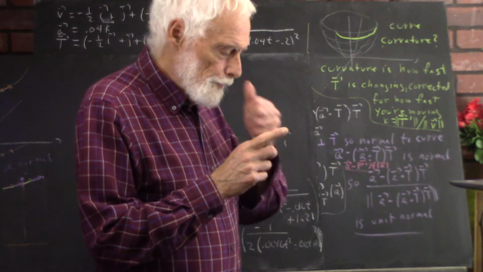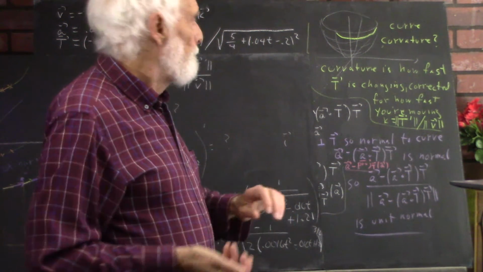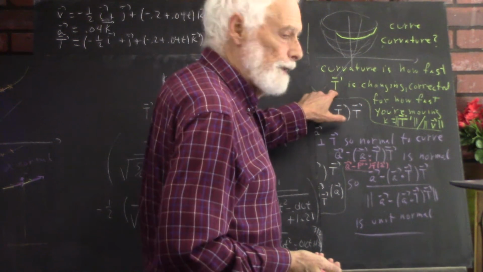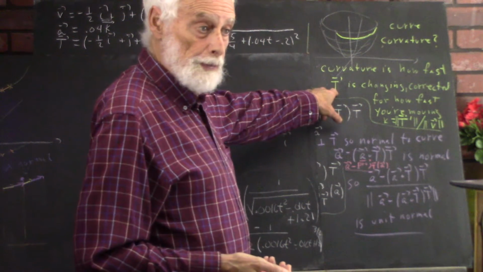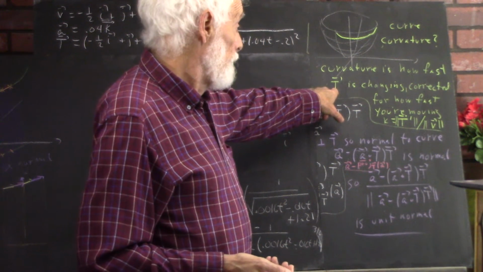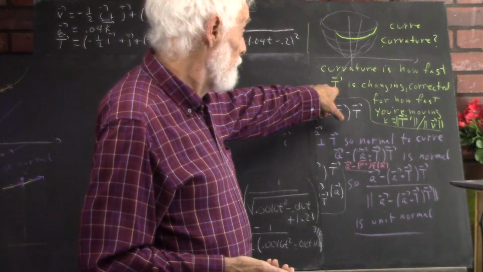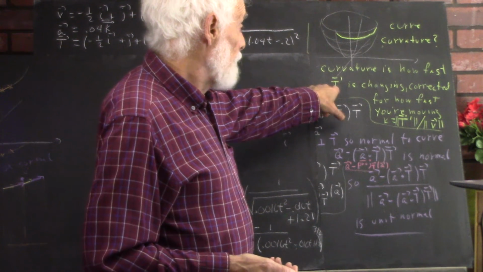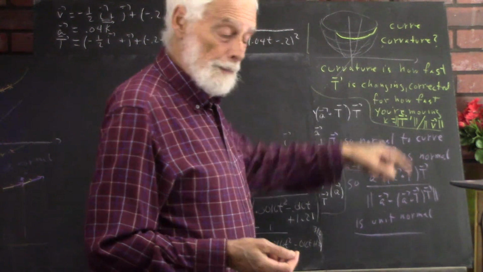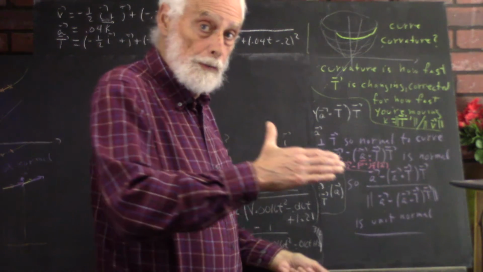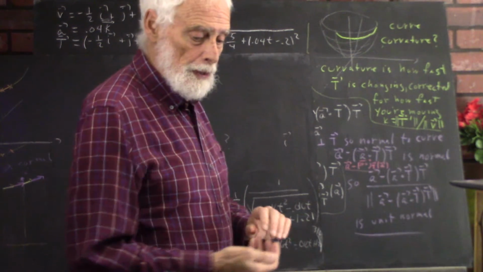Now, to get the rate of change of T, when T is given as a function of time instead of distance along the curve, it's how fast T is changing. Okay, imagine you're driving along a curve, you're speeding up, slowing down.